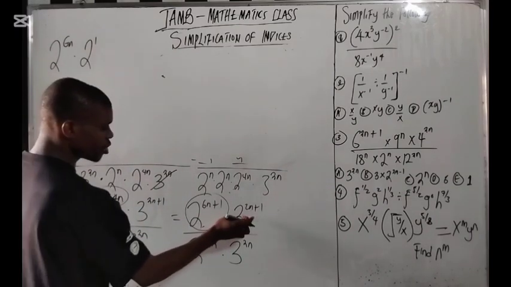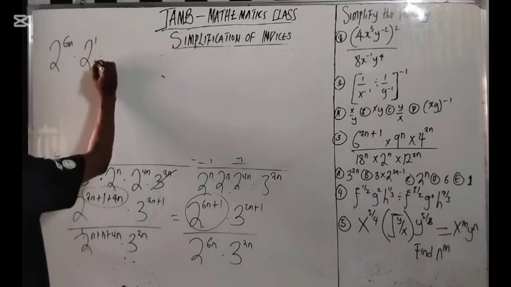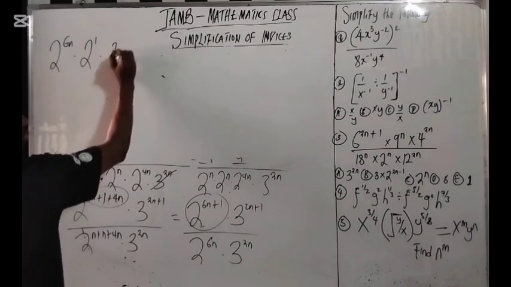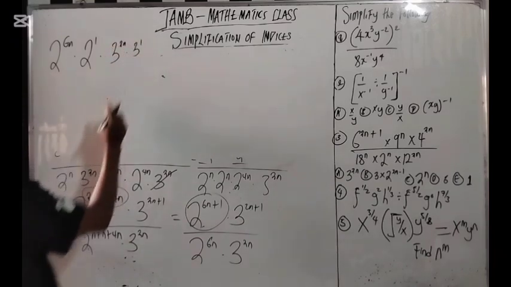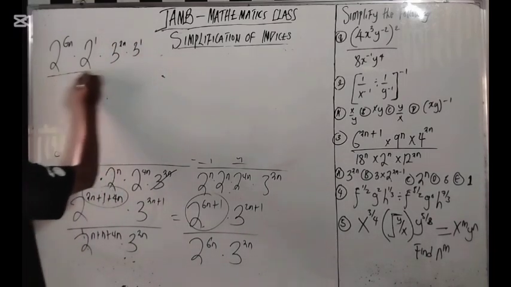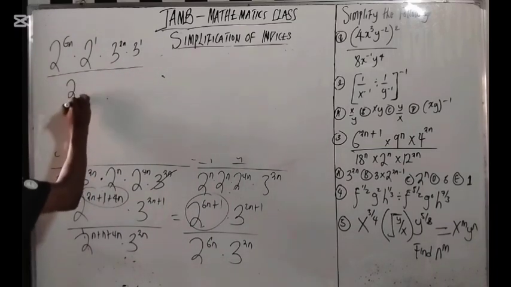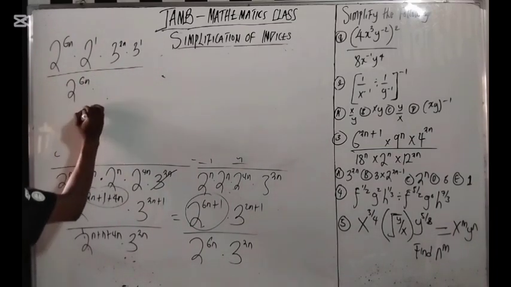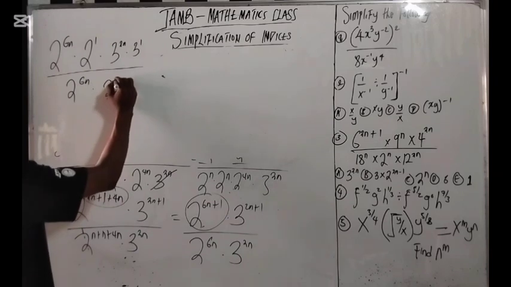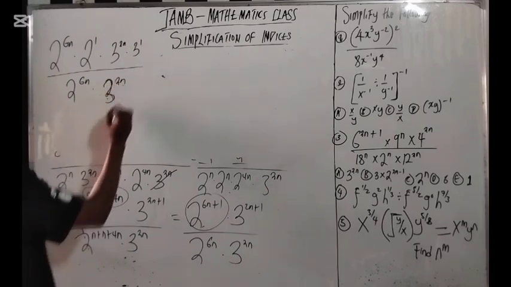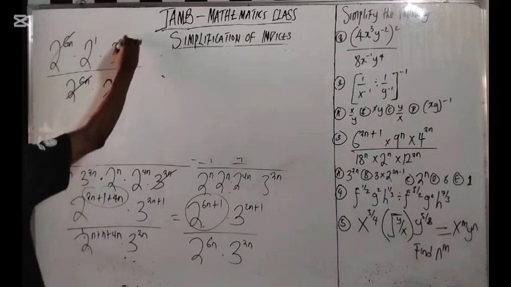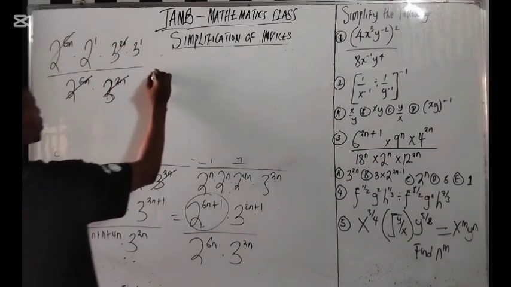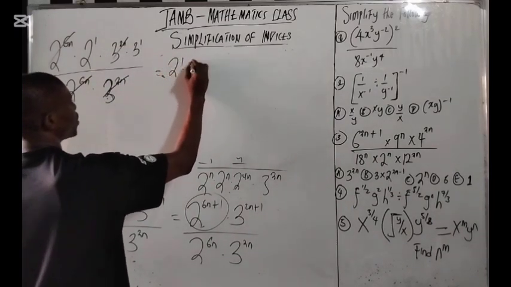The same thing, you can also split this one: 2 dot 3^(2n) dot 3^1. Over here we have 2^(6n) dot 3^(2n). Consider this guy and this guy will go out. What we are left with is 2^1 dot 3^1.